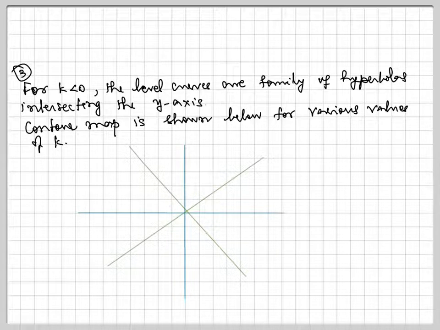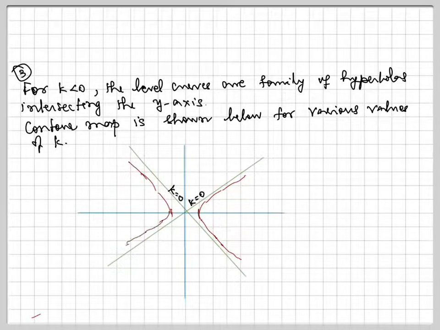So we get two intersecting lines corresponding to k equal to 0. They pass through the origin. One is y equal to x, the other one is y equal to negative x. Then we will graph the contours for k more than 0.